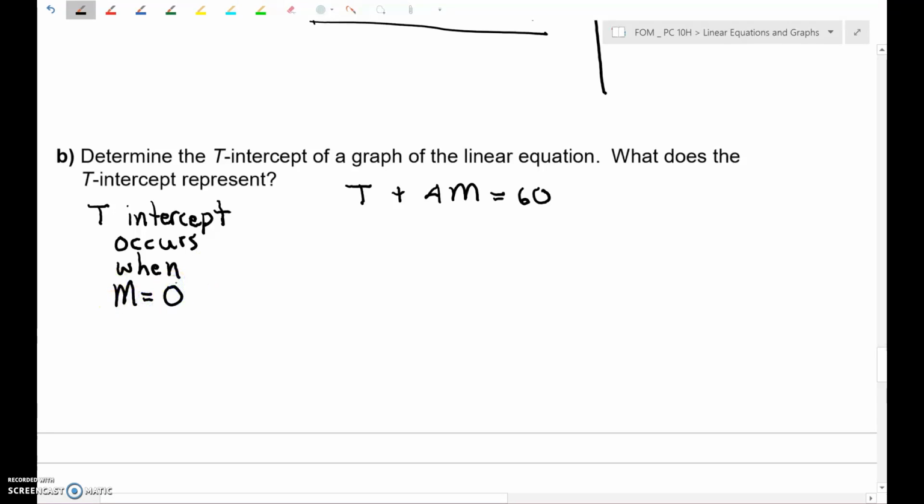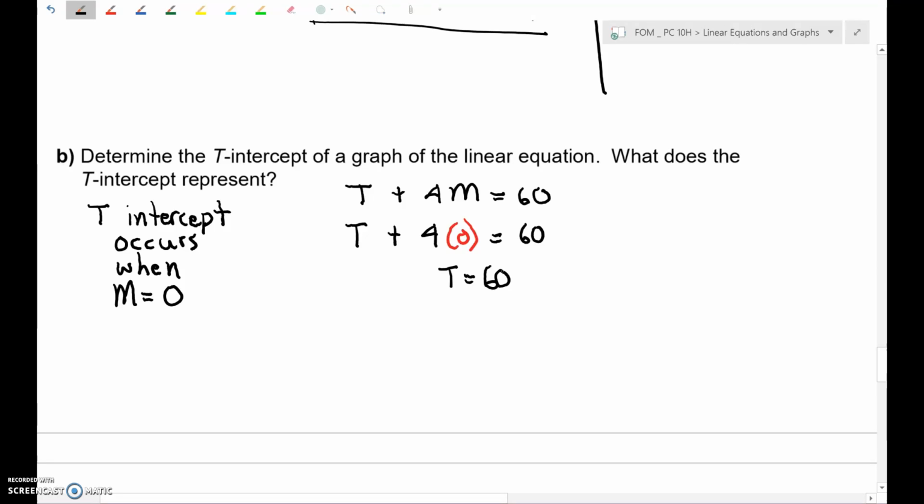So that means in place of m, we are going to put a 0. So 4 times 0 is 0. That leaves us with t equals 60.